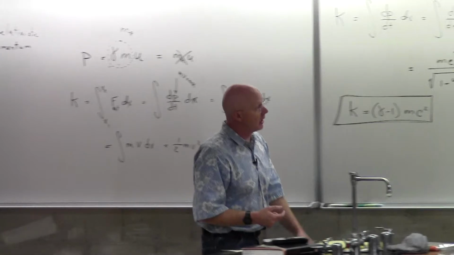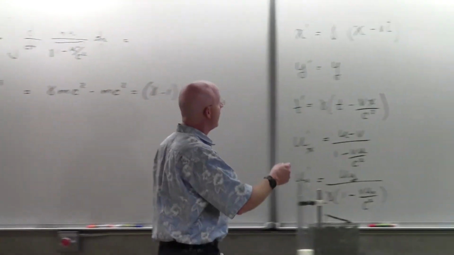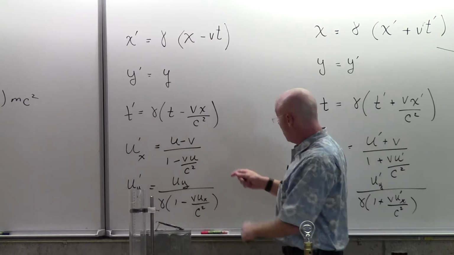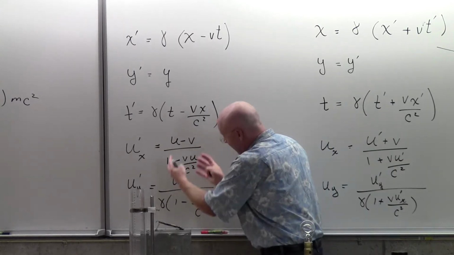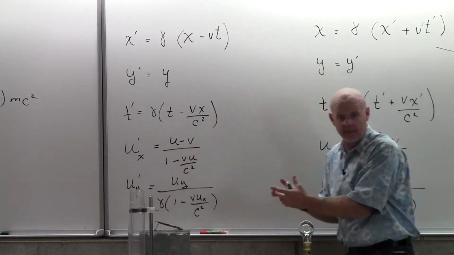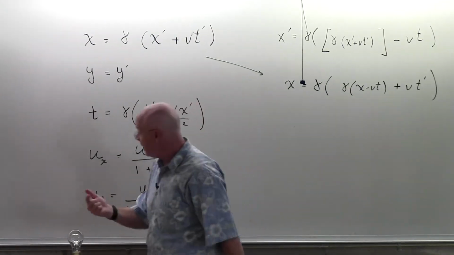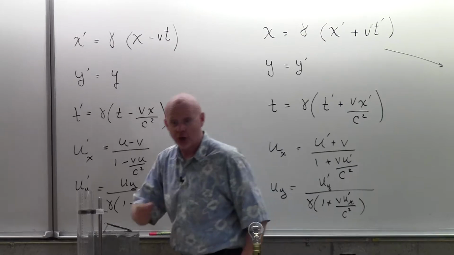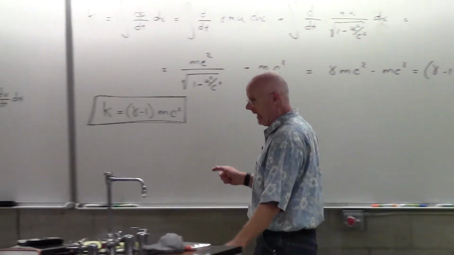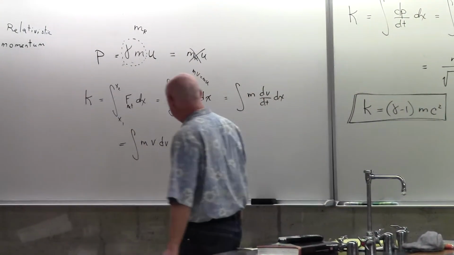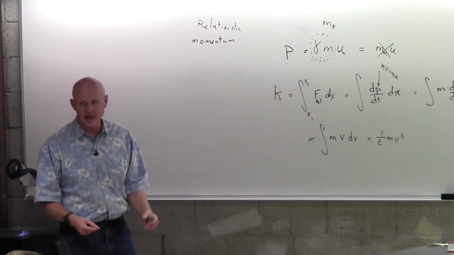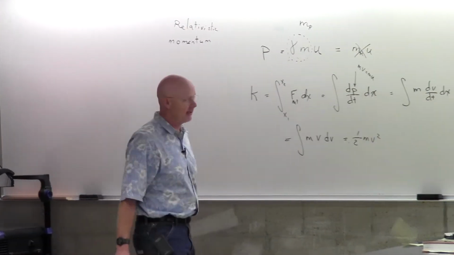Our position ones changed by an extra factor of gamma. Our velocity ones changed by an extra piece in the denominator, but at least I could see the old piece of it and then something modified to it. That really doesn't look like it here, does it? But rest assured, it is. It just doesn't look like it.